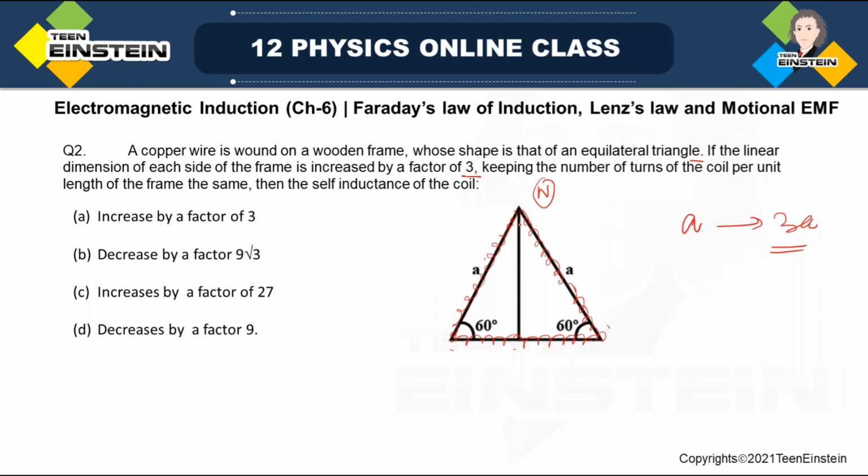There is a copper wire which is wound over a wooden frame in the shape of an equilateral triangle having side a in the beginning.